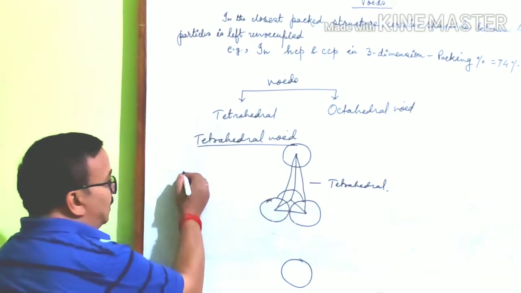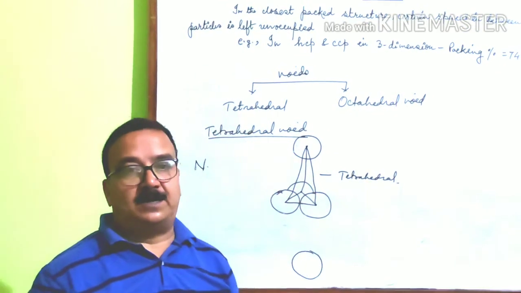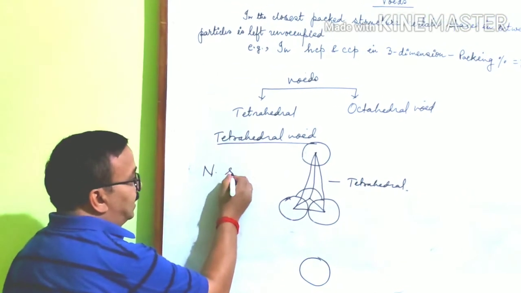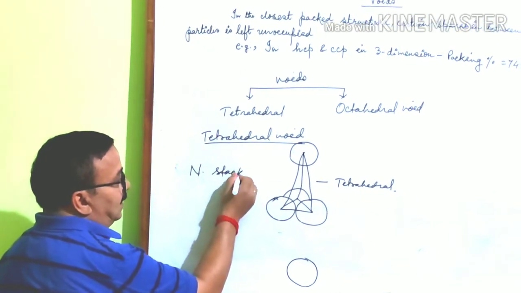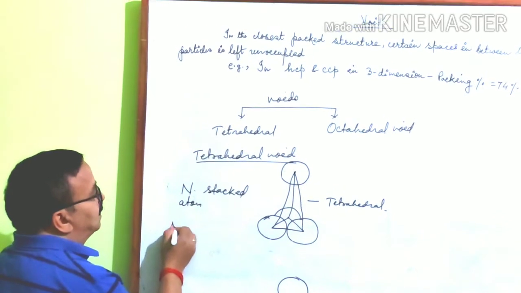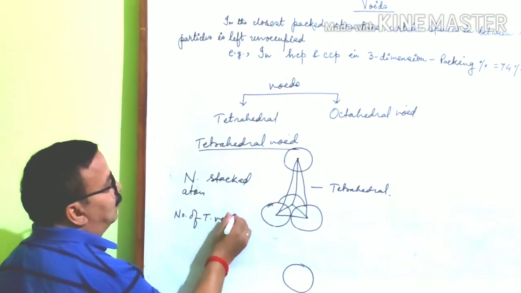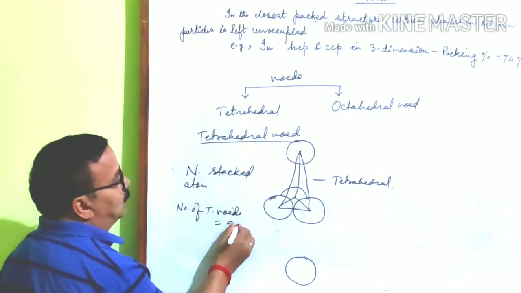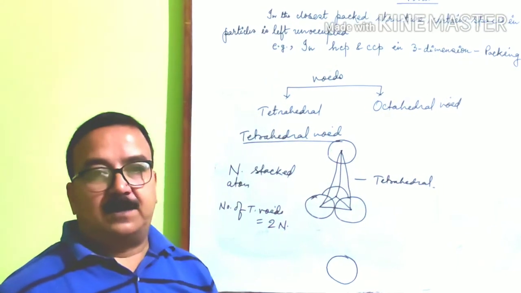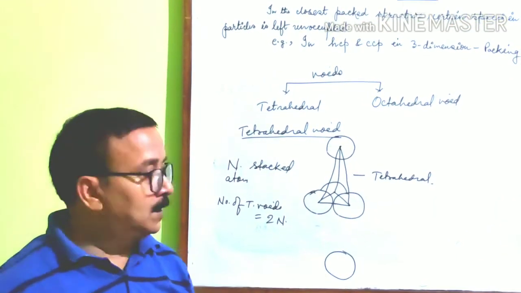Suppose आपने एक लैटिस बनाई है और उस लैटिस में you have stacked n atoms. Then number of tetrahedral voids will be equal to 2n. So number of tetrahedral voids per sphere is equal to 2.